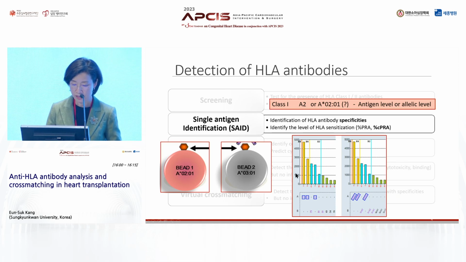The current antibody test provides allele-specific information, which makes the epitope analysis possible. However, the intensities of positive antibodies expressed as mean fluorescence intensity, MFI, do not accurately reflect the actual titer or strength, nor the cytotoxic function of antibodies.